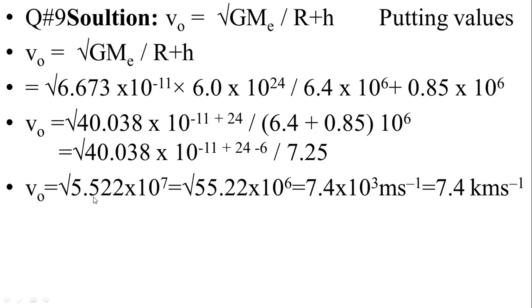It can be changed to 55.22 multiplied by 10 raised to power 6, whole square root. Taking square root of 55.22 is equal to 7.4, and 10 raised to power 6 becomes 10 raised to power 3. So 7.4 multiplied by 10 raised to power 3 meter per second, or velocity becomes 7.4 kilometer per second.